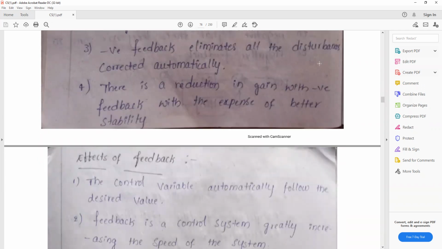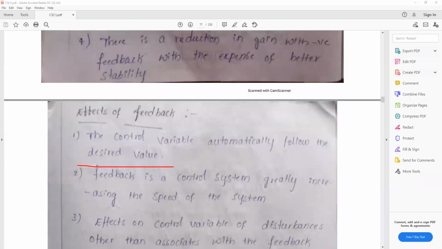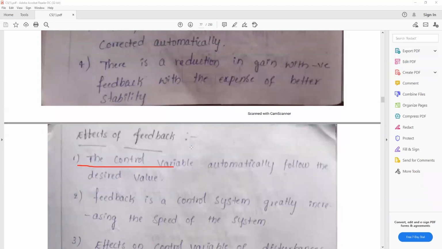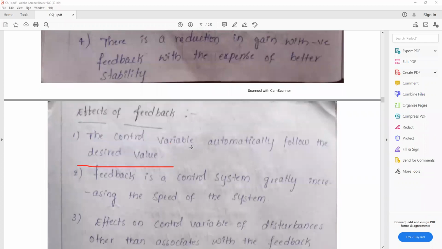And the effects of feedback. The control variable automatically follows the desired value.